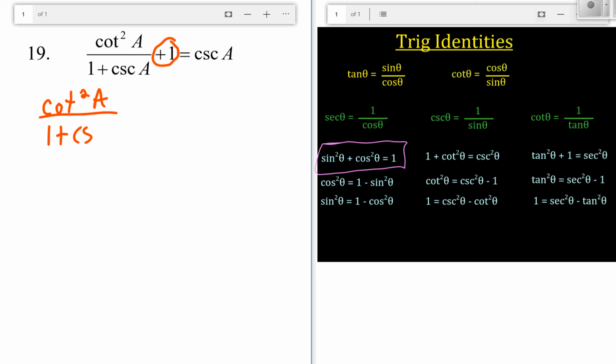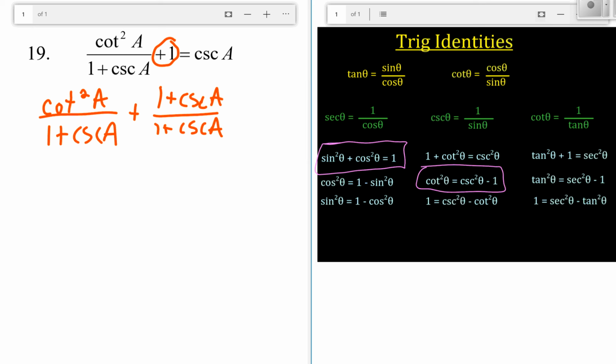I got a common denominator, changing that 1 into 1 plus cosecant a on top and bottom. Then I combined like terms, took the top and got it to just one trig identity. I changed cotangent squared into that, and then solved it from there.